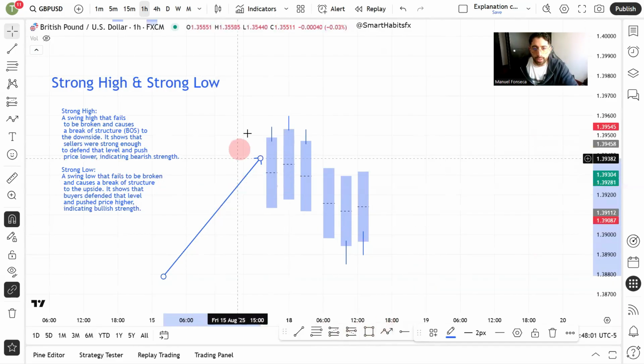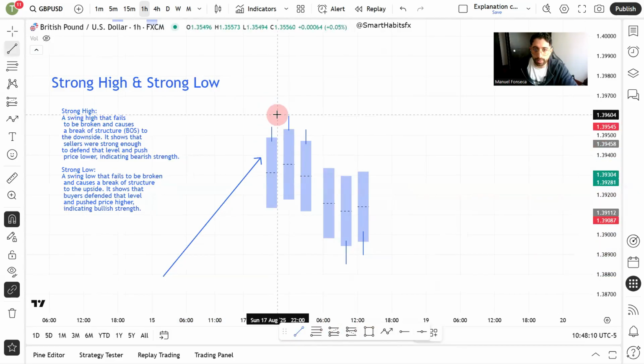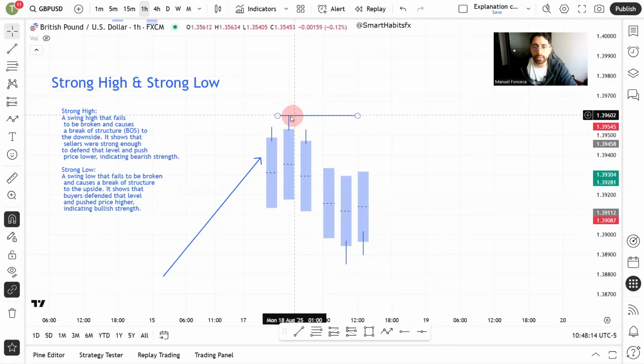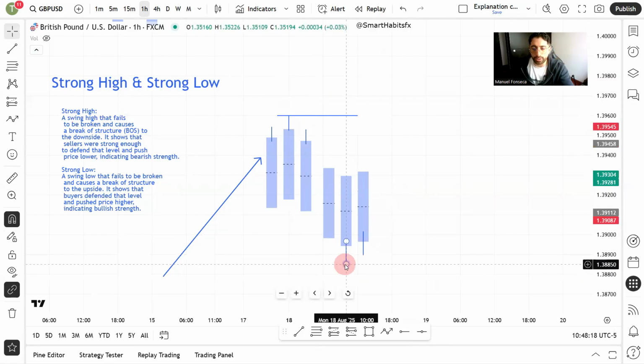So as I said before, in the last swing high right here, we identify the pattern. So here the swing high is created. And then after the swing high is created, we spot a swing low, which is also created.